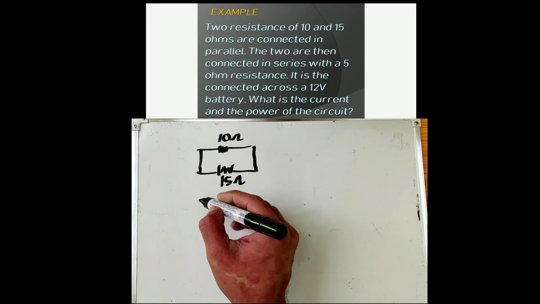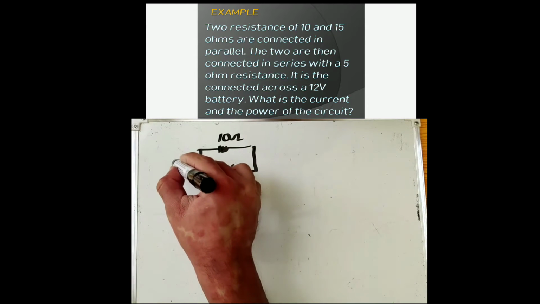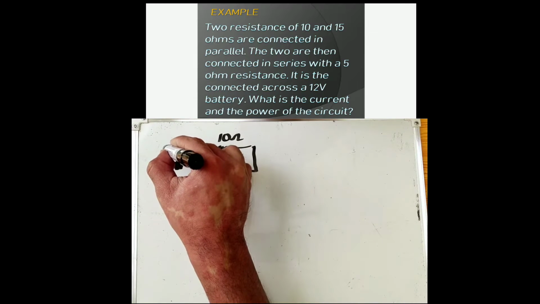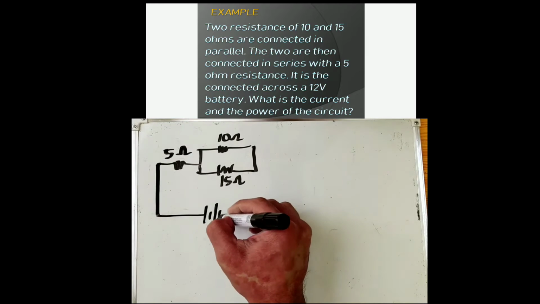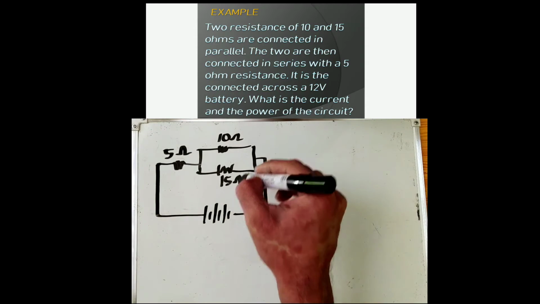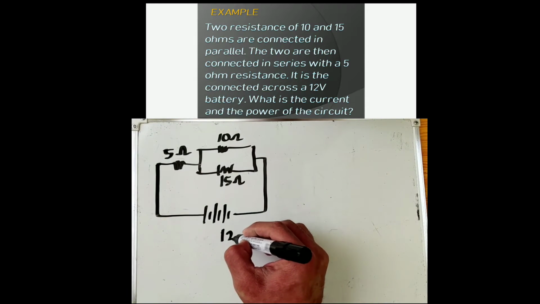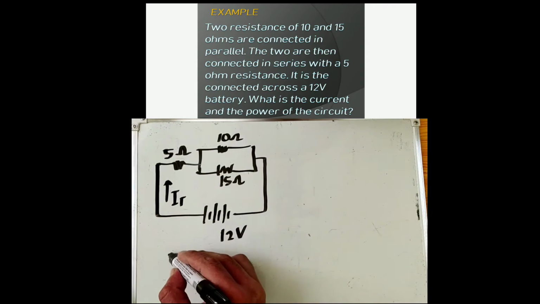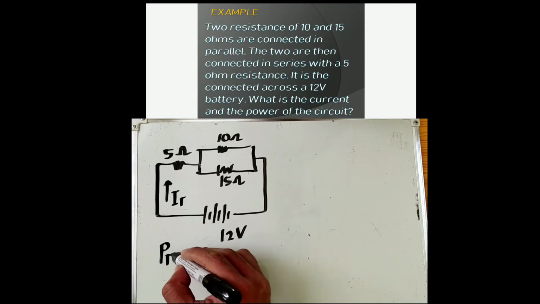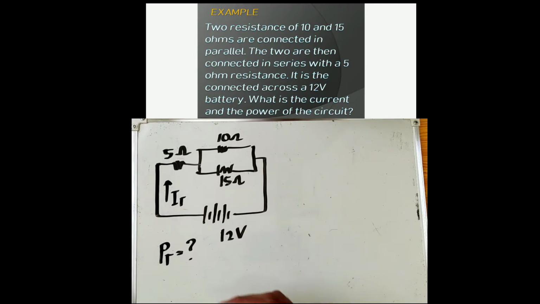This parallel connection is now in series with another resistor which has a value of 5 ohms. And it is connected to a battery which has a voltage of 12 volts. We are asked to find the value of the current and the power of the circuit.